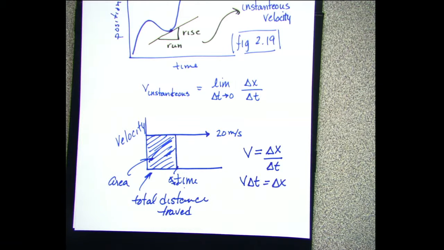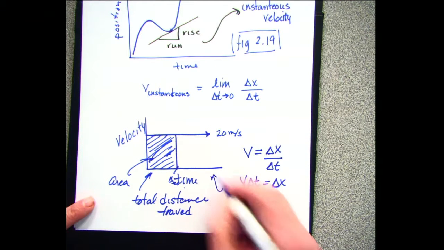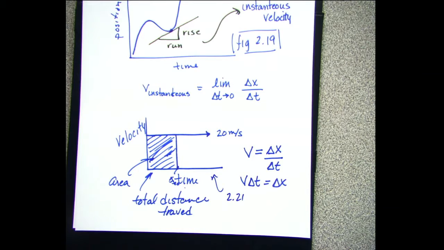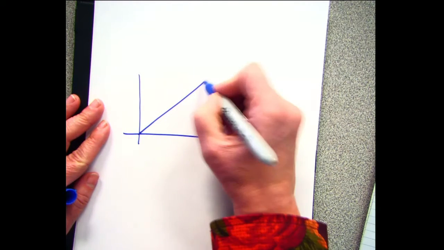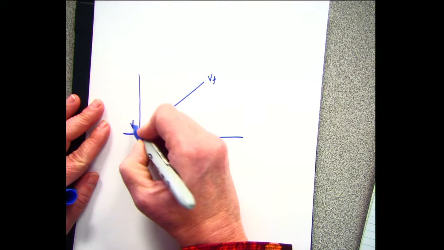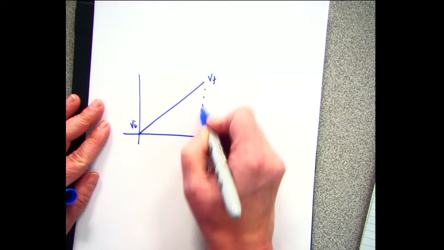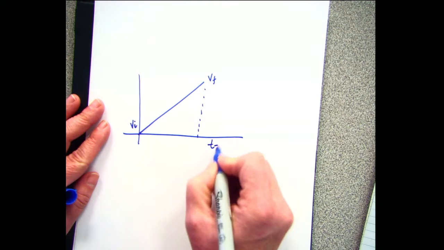So this text really does a really good job. This one is figure 2.21, looking at how you can relate areas under the curve to what you have information-wise. And that becomes really important when we look at something like this. I'm now going to plot velocity final, velocity initial, with respect to time down here.